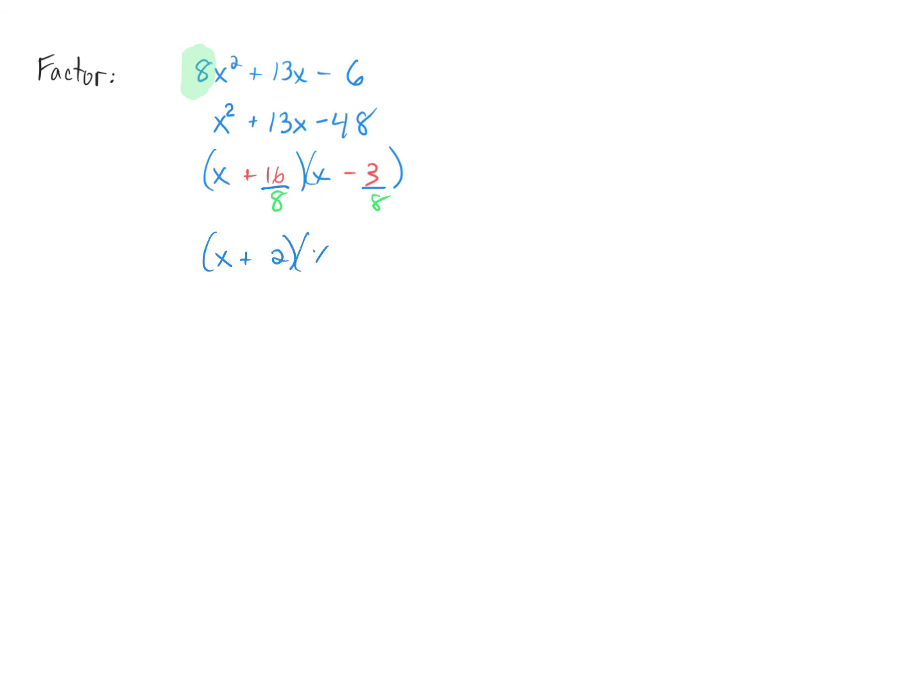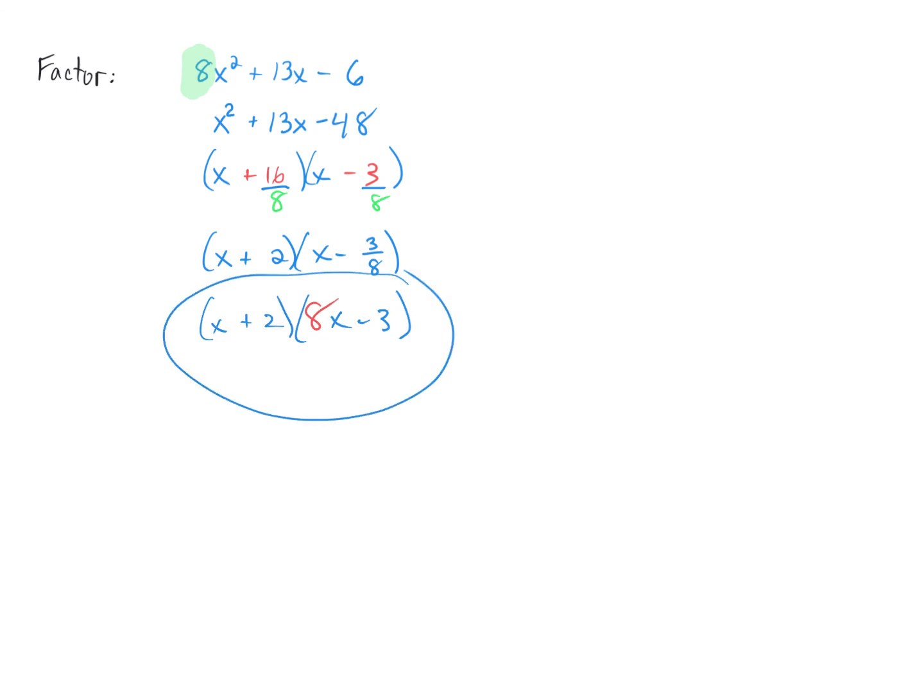And x minus 3/8, if it were a reducible fraction, we'd reduce it, but it's not reducible, so we'll just leave it. And then after you've reduced the fractions, simplified them, if you have any denominator, you just simply rewrite that right there. And you might notice this is the same answer we've got before.